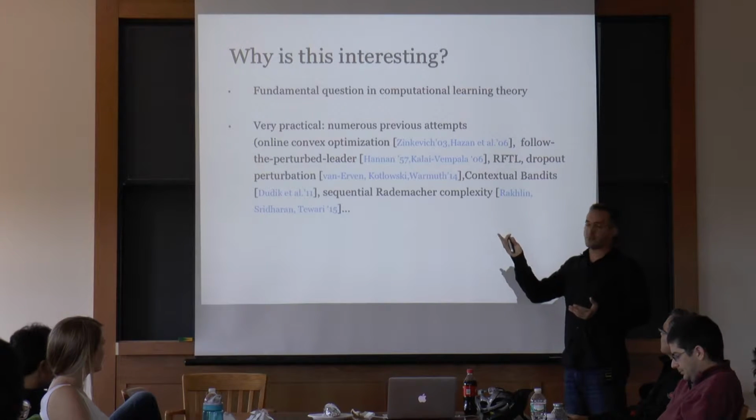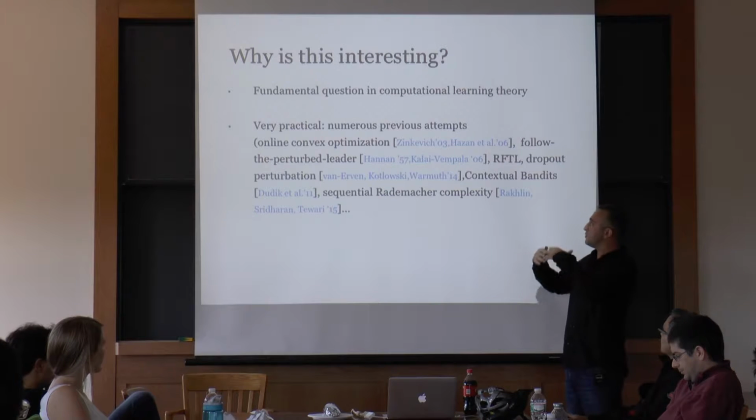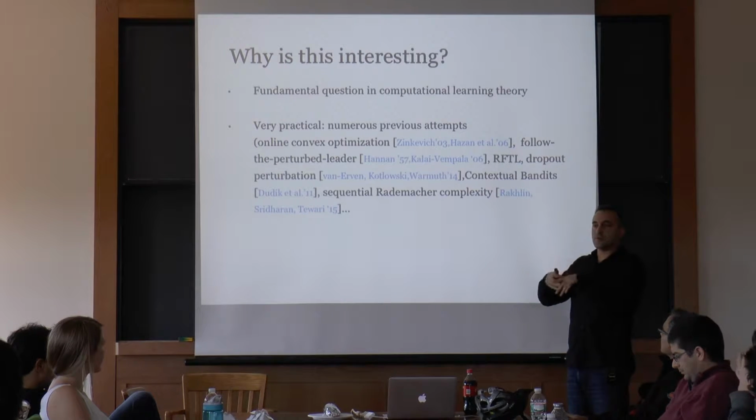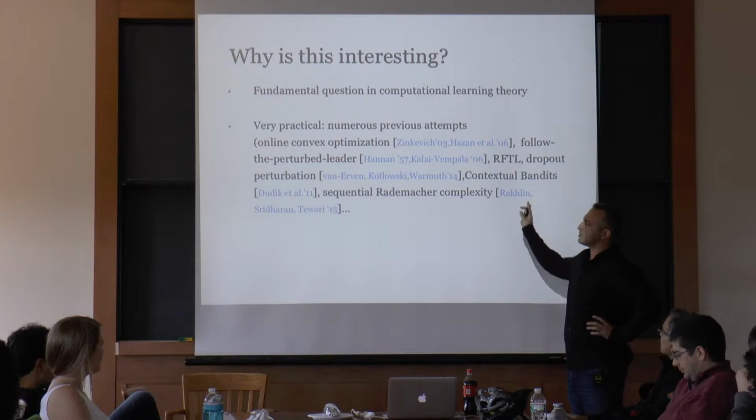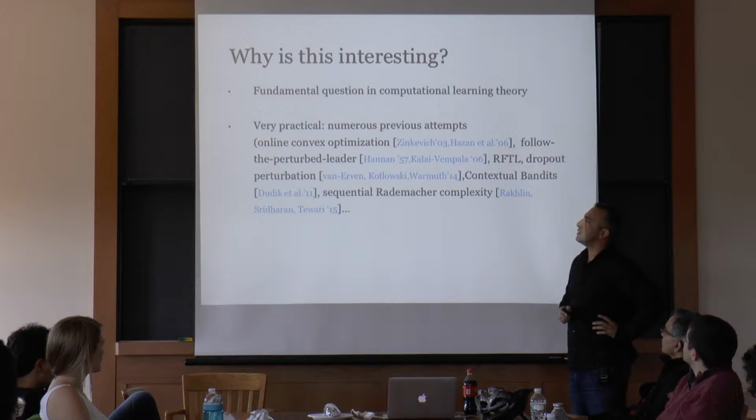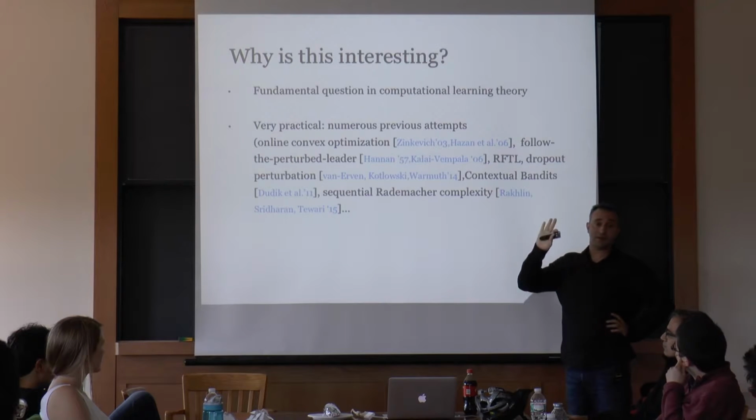There are many such frameworks, like what Bernard and Sanjeev were saying. There is follow the perturbed leader, where you add perturbation and invoke the oracle, or you exploit some convexity in the structure of the problem, and so on. There have been many attempts, contextual bandits and so on. I really listed only a very few attempts to do exactly that.